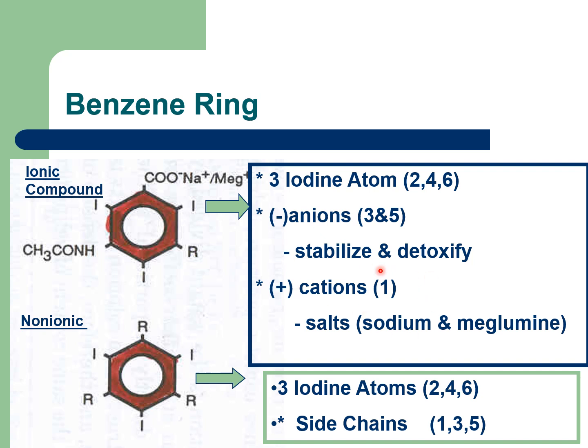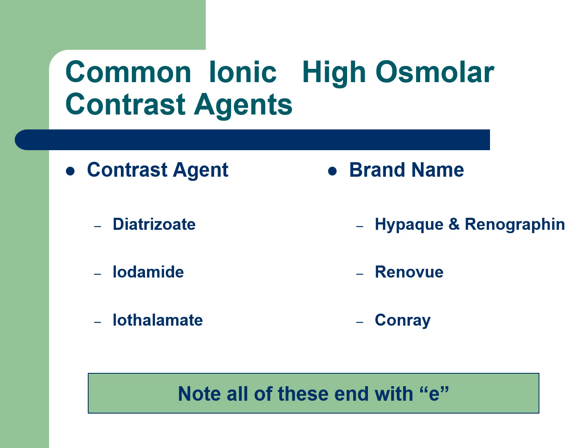All of this is important to the chemists, not so much to us. The non-ionic has 3 iodine atoms also, still on the same slots, 2, 4, and 6, but the side chains are on 1, 3, and 5, and they do not break up, so this one stays together. This one breaks down into 2 particles. That's just showing you the chemical makeup of it.